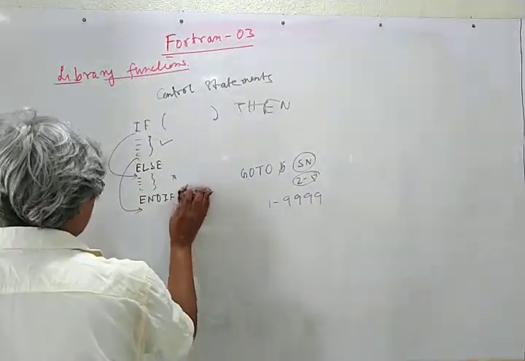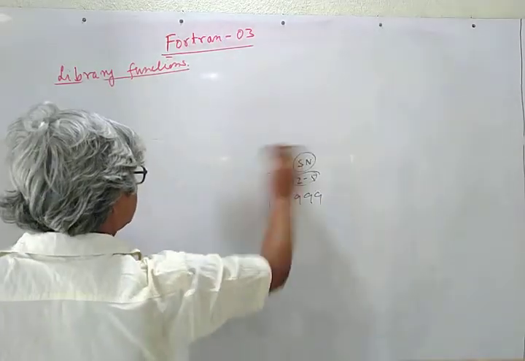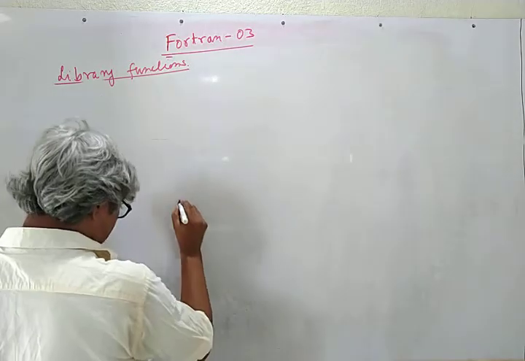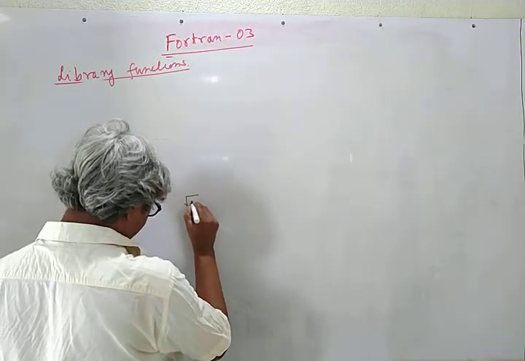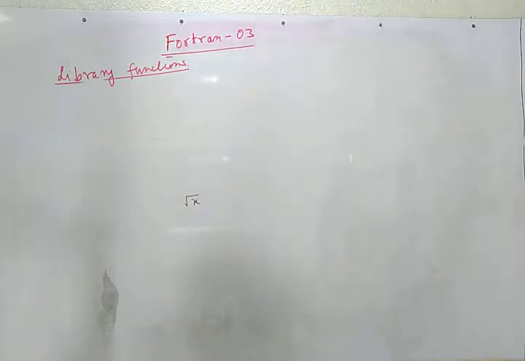With this I come to the Fortran library functions. In many cases we need to calculate the square root of some quantity, say x. The evaluation of a square root is not an easy process.